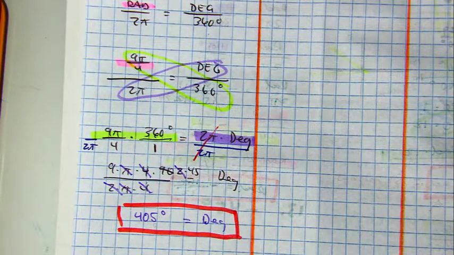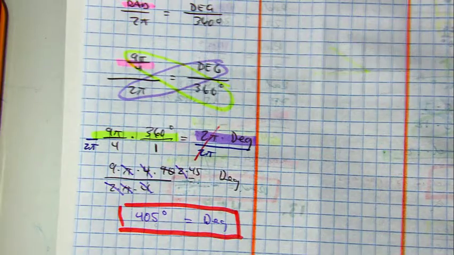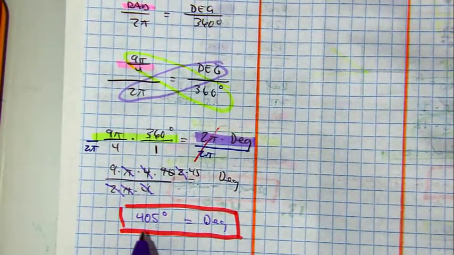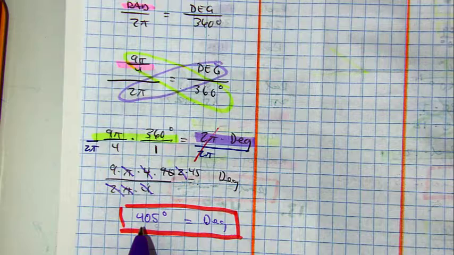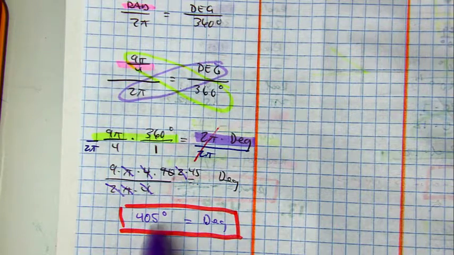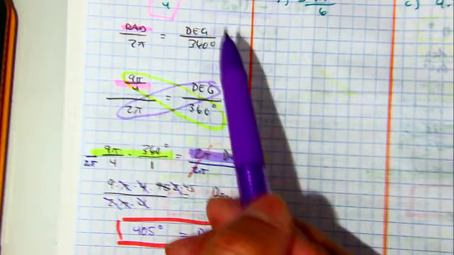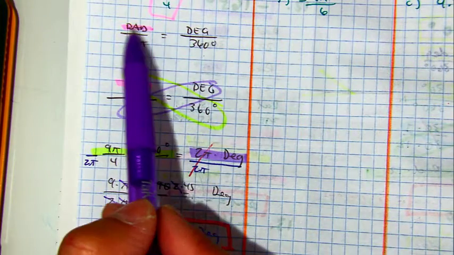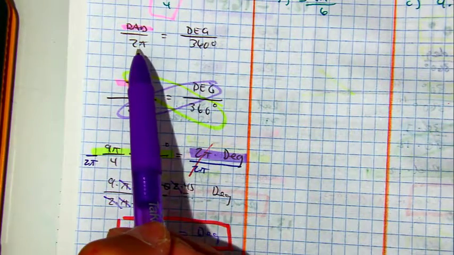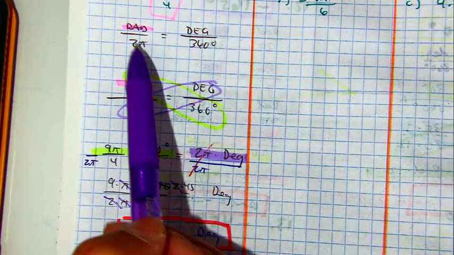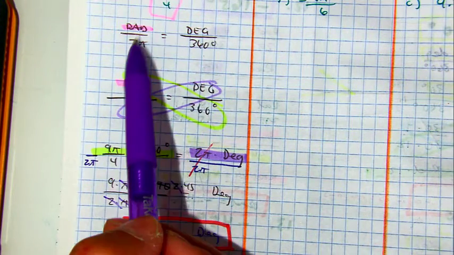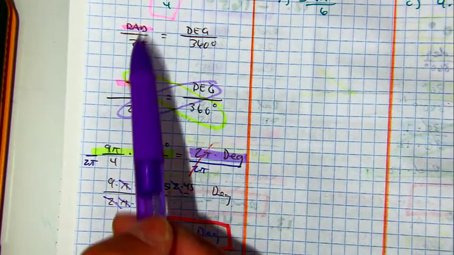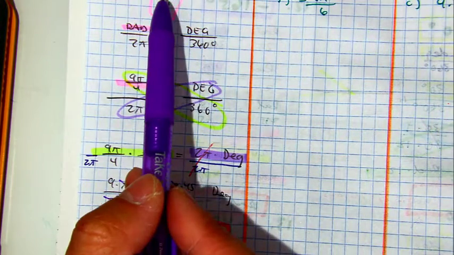Now, if you think about number sense, class, is this more than or less than a circle? It's more than a circle. You agree? So that means my answer has to be more than 2 pi. 8 pi over 4 would be equal to 2 pi, so this is a little bit more than 2 pi.